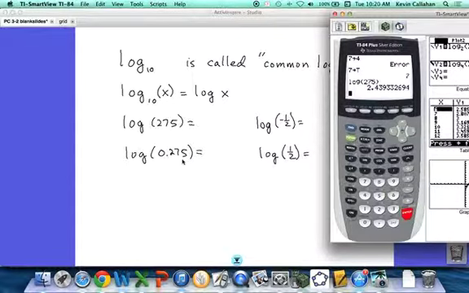Now, see what it looks like if we do the log of 0.275. Okay, now we get negative 0.56. Now, see what happens if we do the log of negative 0.5.